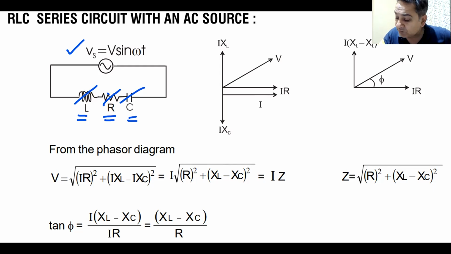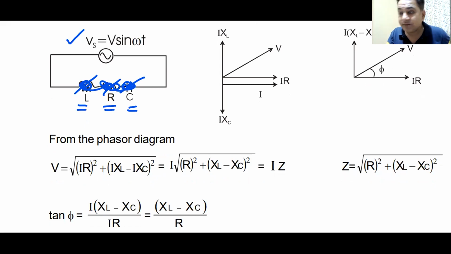If I take both R and C out, it becomes L. If I take L and R out, it becomes C. If I take L and C out, it becomes pure R. What is the summary? What is the moral of the story? That if you understand this circuit, you understand everything.